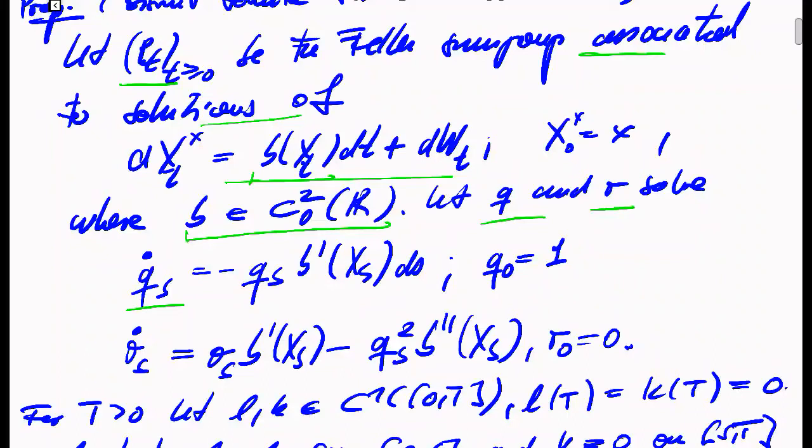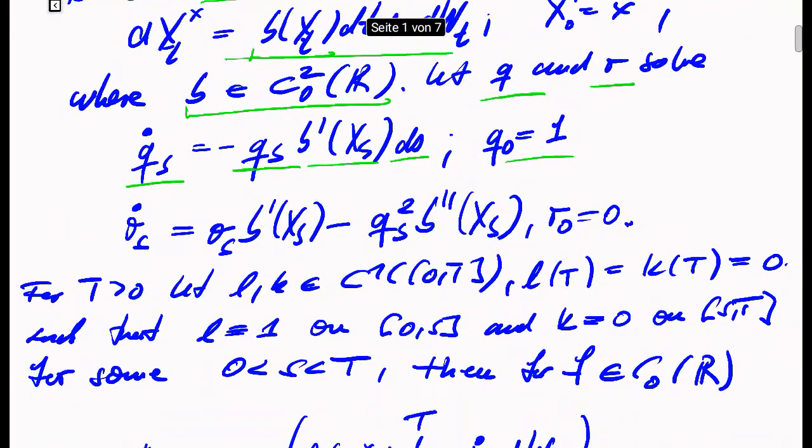Q_s is the object that we already all know from the first order Bismut derivative formula. Q_s solves the equation Q dot s equals minus Q_s B prime of x_s ds, and it starts at the unit in 0.